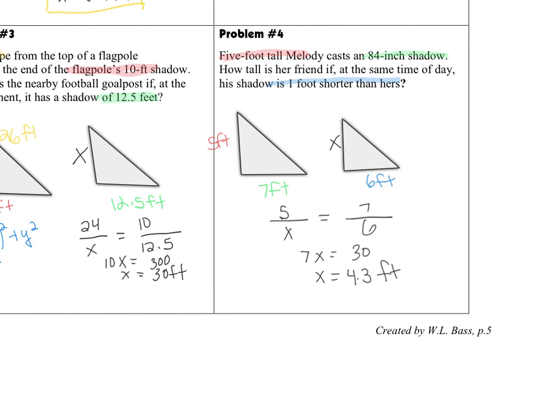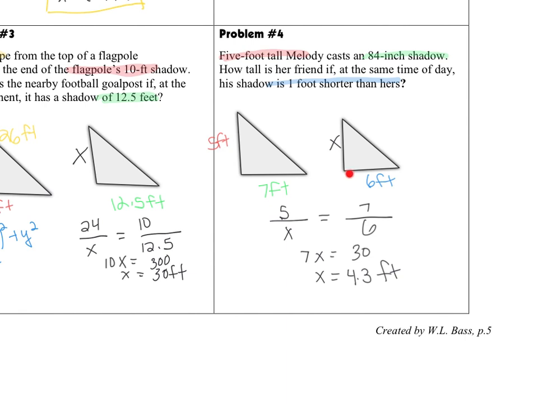Right, in problem number 4, we have 5 foot Melody, which is right here, who cast a shadow of 84 inches. Notice that I turned those inches into feet, so that's 7 feet. We want to know how tall is her friend if on the same day his shadow is 1 foot shorter than hers. So how tall is her friend? There's our x right there.